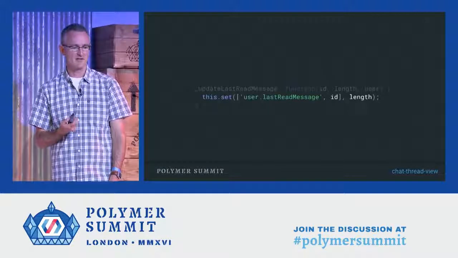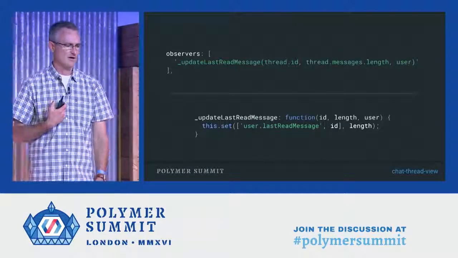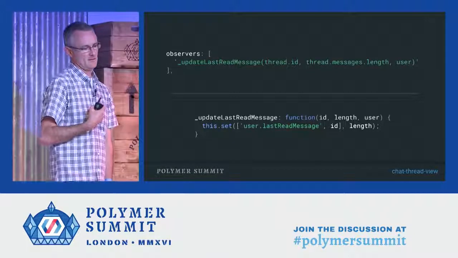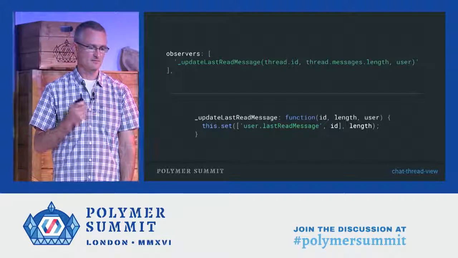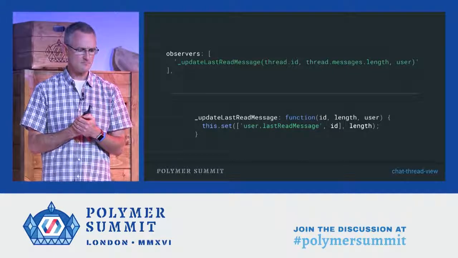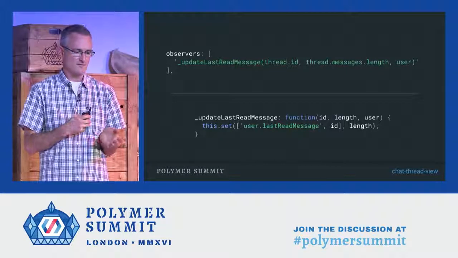Similarly, we're using this.set here. And then here is a complex observer that is dependent on a number of deep paths to observe changes.